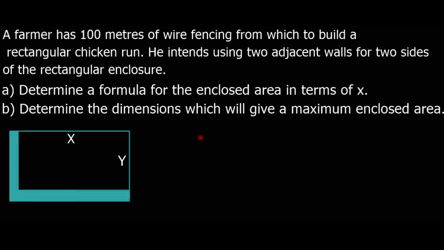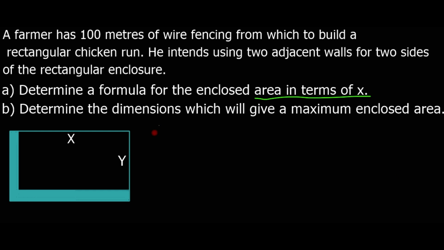And then this one says: a farmer has 100 meters of wire fencing from which to build a rectangular chicken run. He intends using 2 adjacent walls for 2 sides of a rectangular enclosure. And then the question: determine a formula for the enclosed area in terms of x.